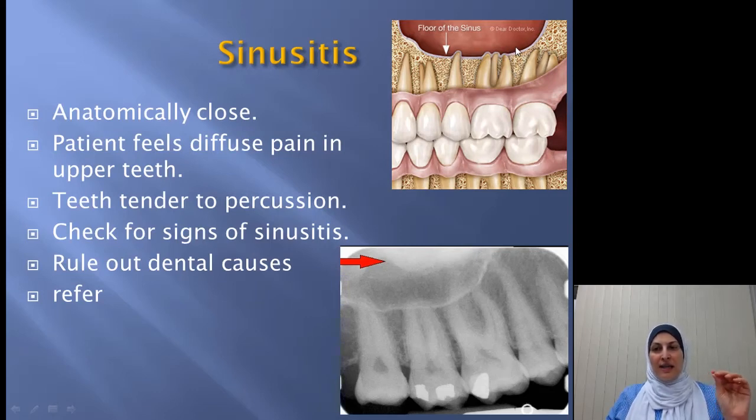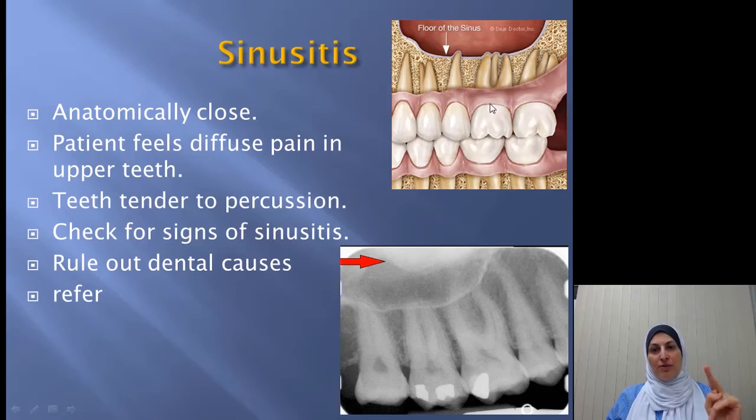And also, the superior alveolar nerve passes through the maxillary sinus before it gets to the apical foramen here to supply these teeth. So when there is an infection in the sinus, the superior alveolar nerve would be inflamed, and this will make the teeth sensitized to pain, and the patient would feel pain in his teeth.